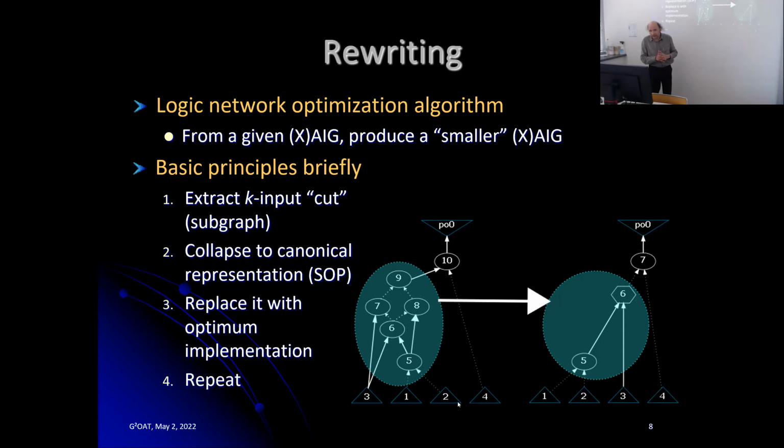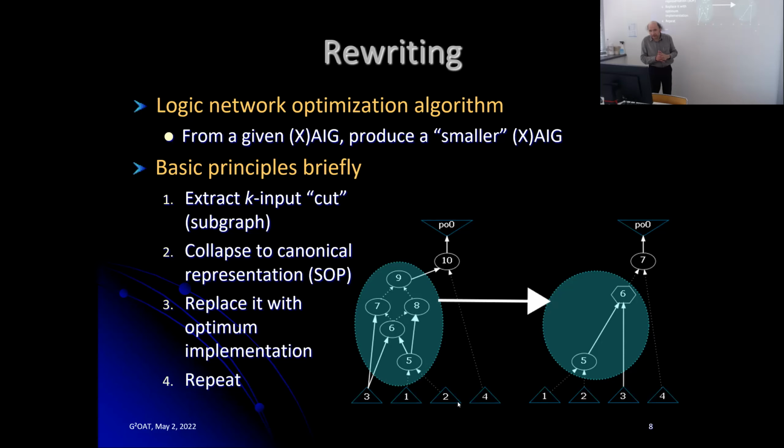And for each entry in the truth table, you have a record of its optimum implementation in AIG. So you find the optimum implementation and substitute the cut with it. That's it. That's the principle of how it works.